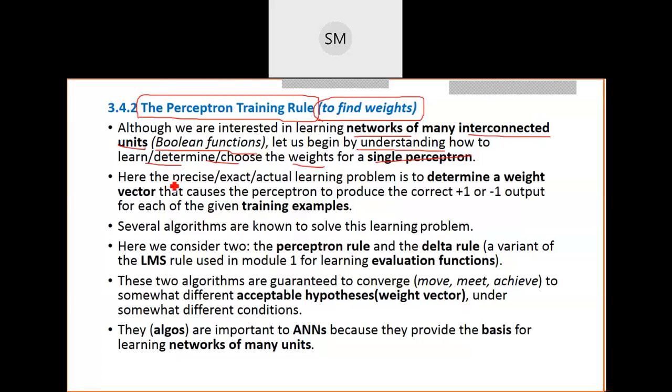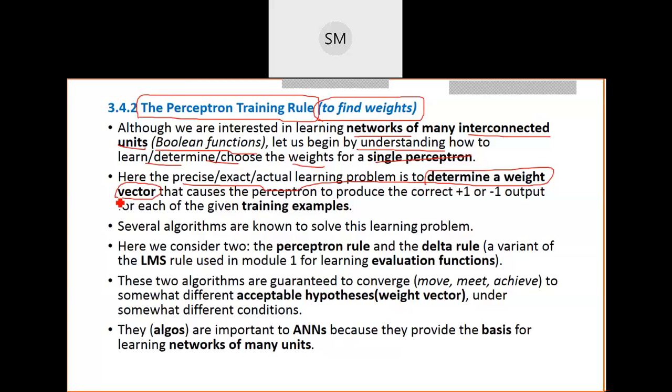The exact learning problem itself is determining or choosing the weights. Since the weights are represented as a vector, we should always call it a weight vector. It looks like a W with a small arrow above it, representing it in vector form.